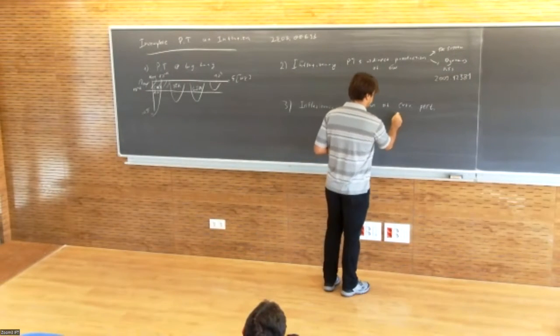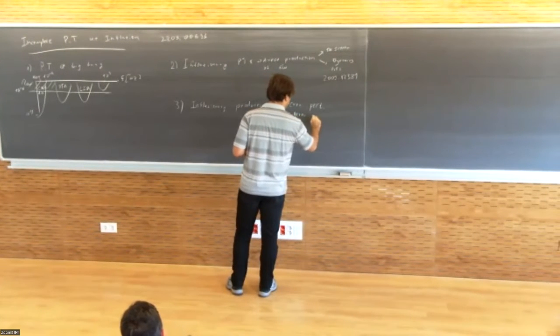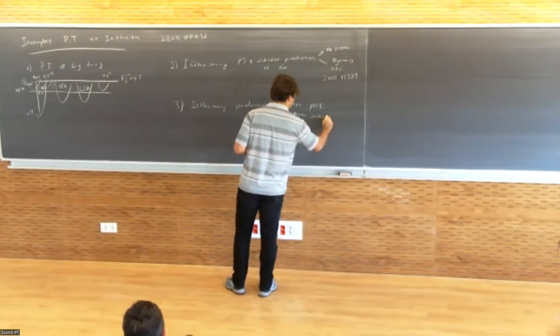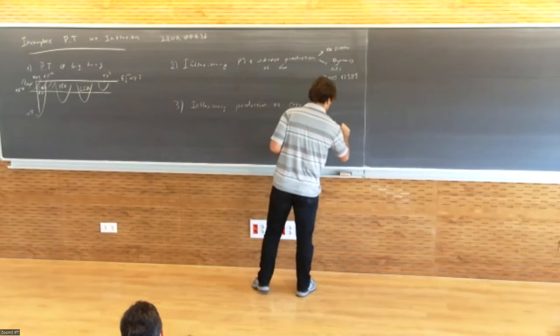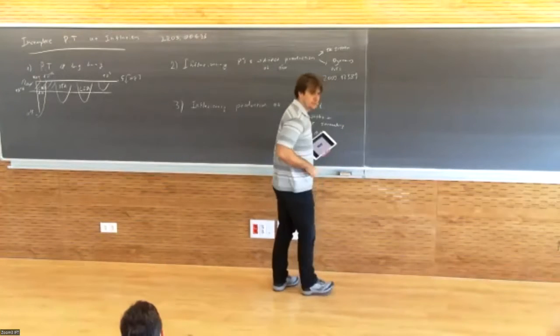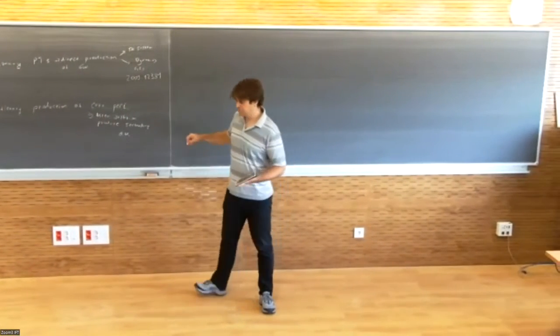So after inflation, these modes can produce secondary gravitational waves. So secondary just means that they're produced at second order. Also during inflation, right? Also during inflation, of course.